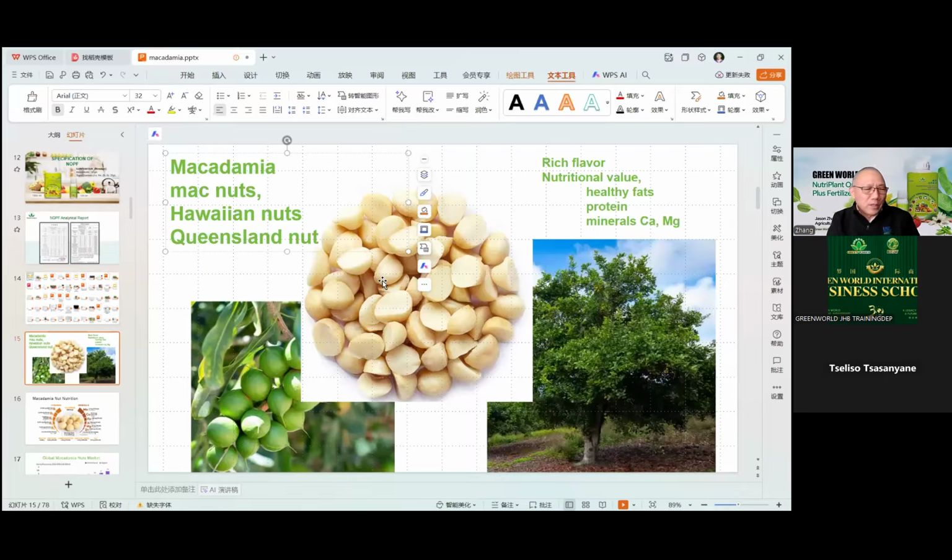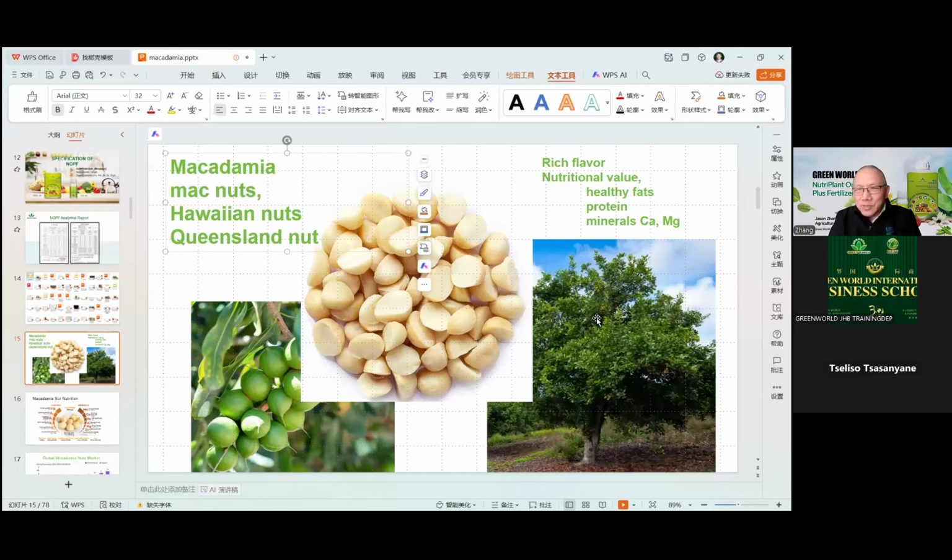When I was in Hawaii for a month, I worked for five weeks to help them with agriculture. I actually went to the farm. They have a huge, big farm producing all these Hawaiian nuts.